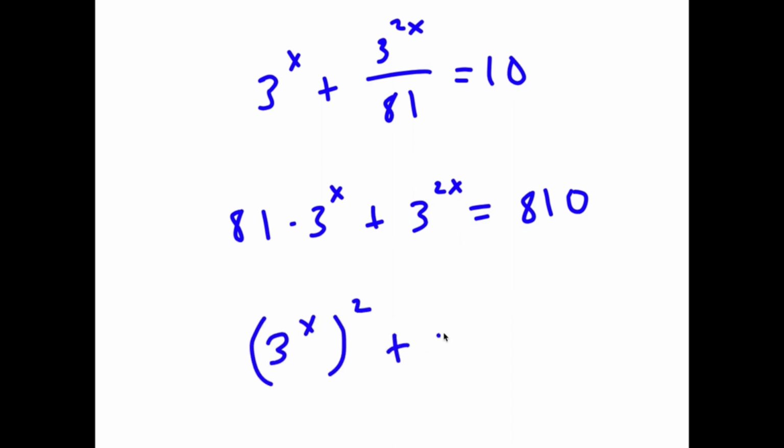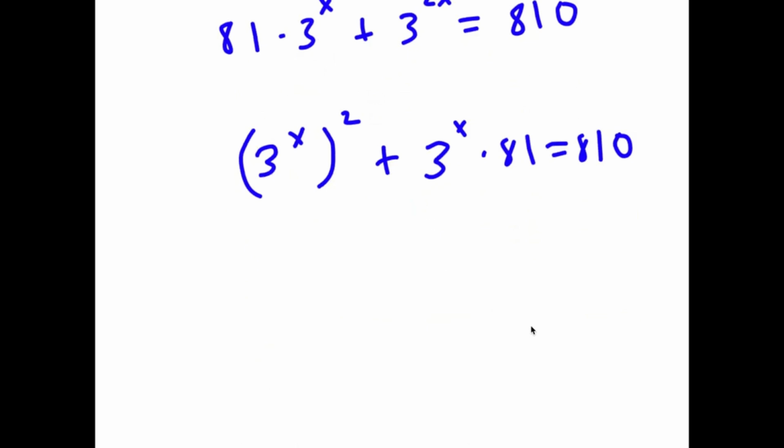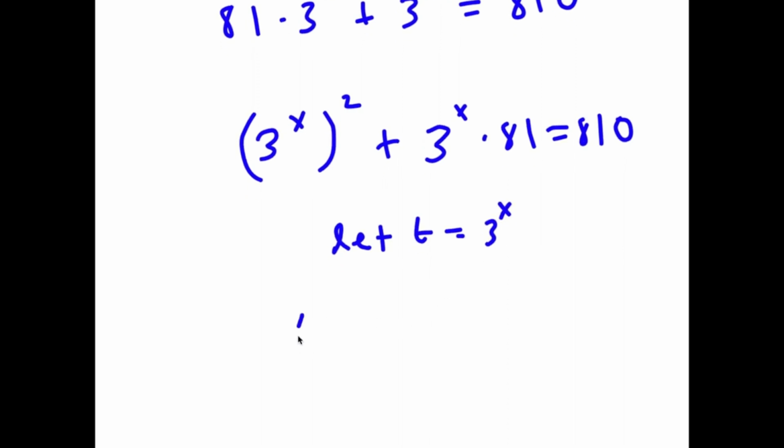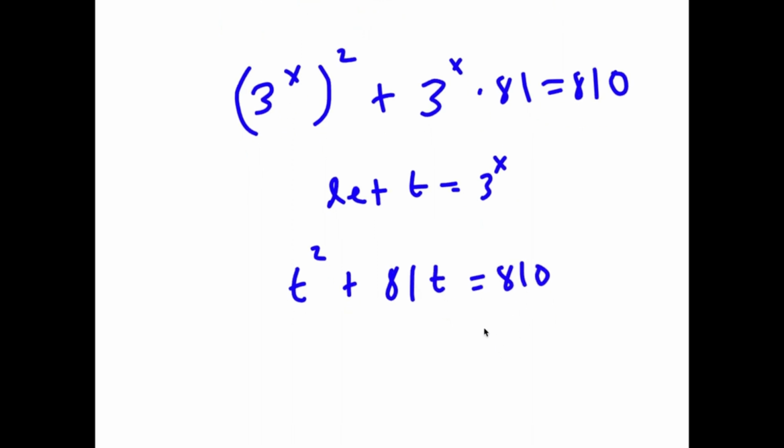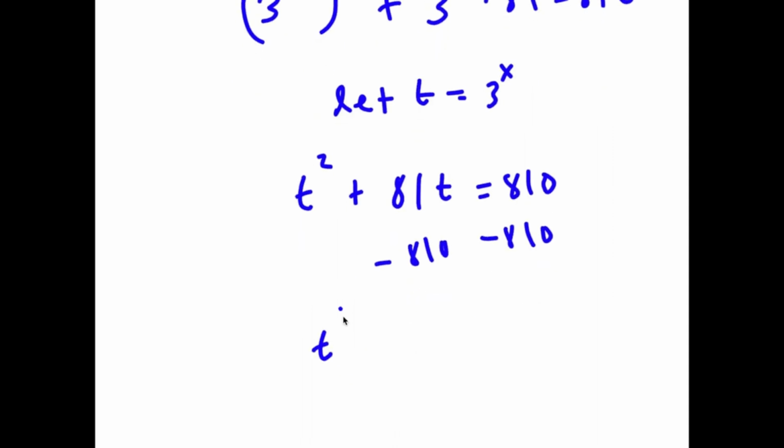So I have this plus 3 to the power of x times 81 is equal to 810. And now I'm going to let the variable t equal 3 to the power of x. So now I have t squared plus 81t is equal to 810. Now if I subtract 810 on both sides, I get t squared plus 81t minus 810 is equal to 0.